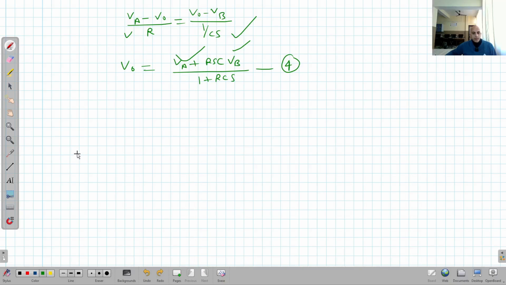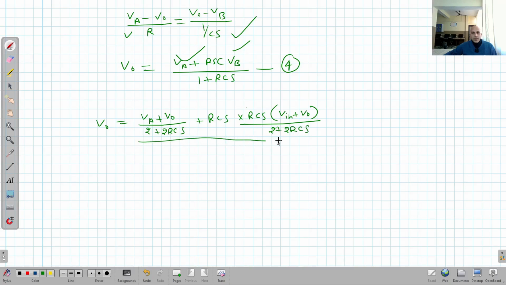V output is equal to VA, that is V in plus V output divided by 2 plus 2 RCS, plus RCS into VB, that is RCS into V input plus V output divided by 2 plus 2 RCS, the whole term divided by 1 plus RCS.